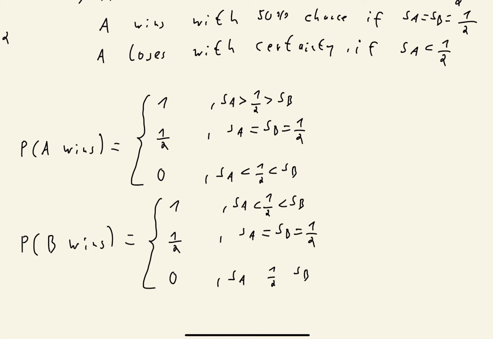So B wins with certainty if his vote share is larger than 1/2, and he loses if his vote share is smaller than 1/2. So now we determined the probabilities when one of the candidates would win, or when there would be a 50% chance of winning, or when you would lose with certainty.